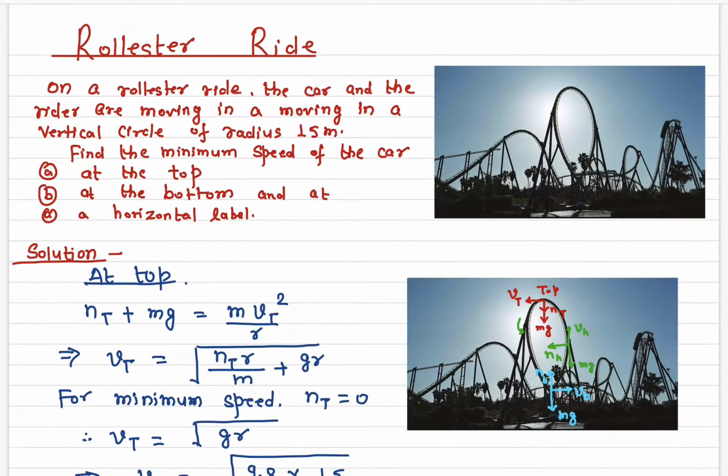And I've chosen one particular numerical to address all the problems. In this particular problem, which is a roller coaster ride, the car and the rider are moving in a vertical loop. The radius of the vertical loop is 15 meter. That's the radius.